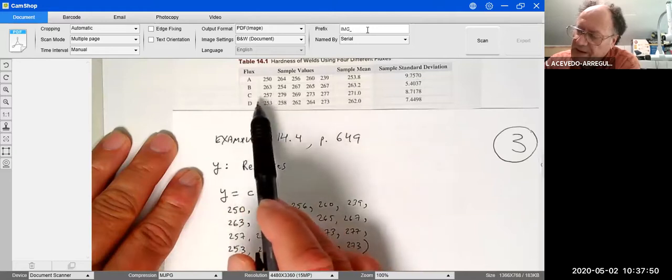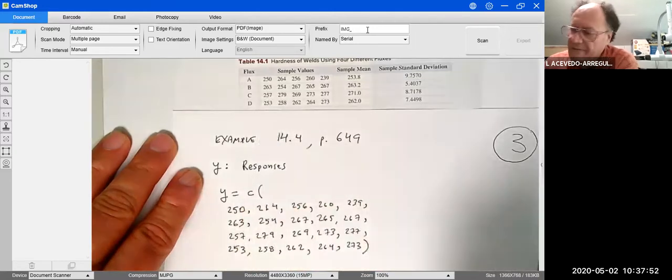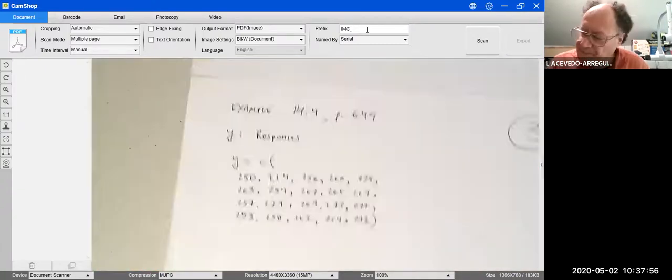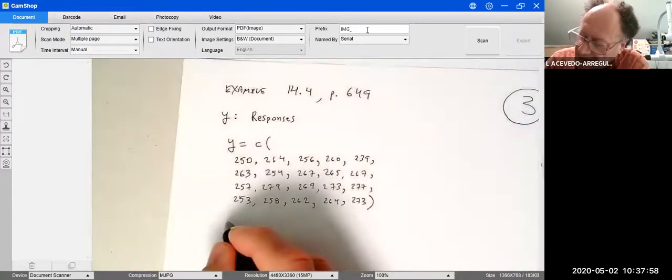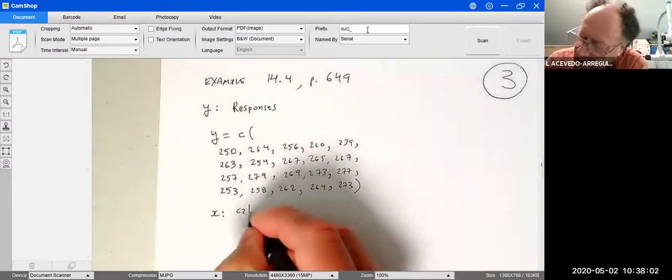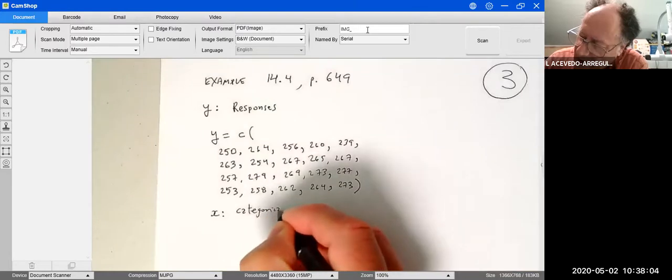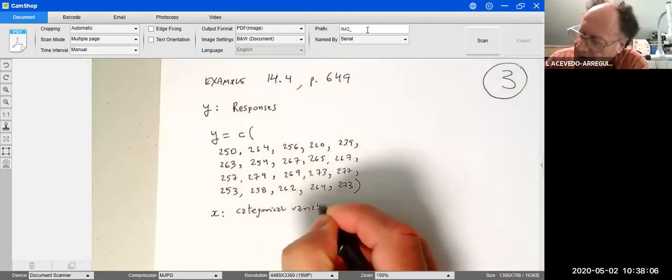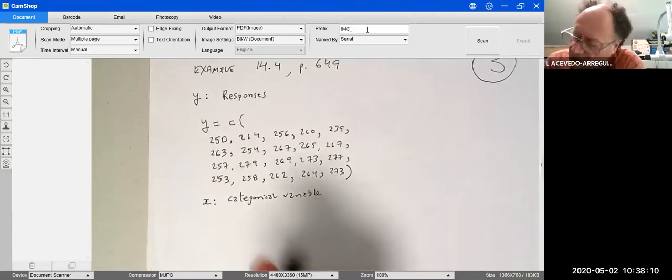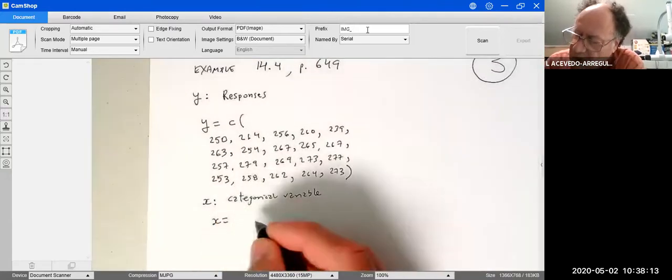So we're going to enter now a categorical variable. In our case, it's going to be X. Anytime that you enter a categorical variable, you need to use quotation marks.